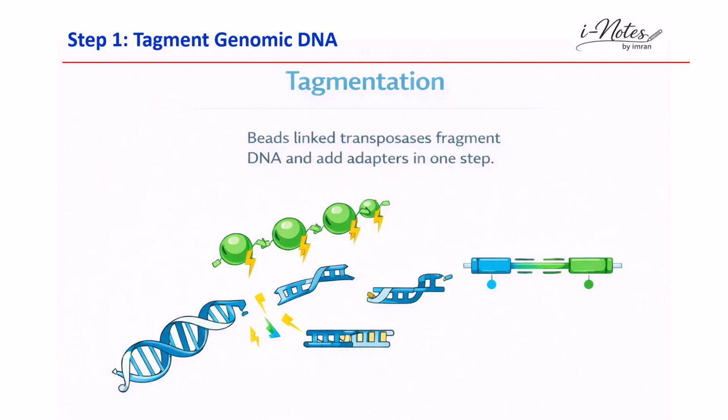Tagmentation is basically the conversion of the genomic DNA into smaller fragments of DNA of desired size, and also adding the adapters to the fragmented DNA in a single step. This is called tagmentation.